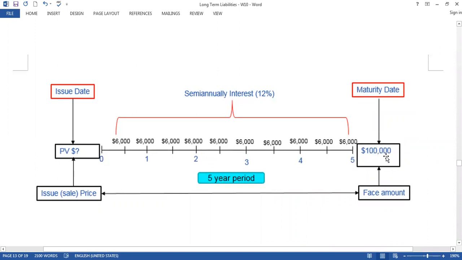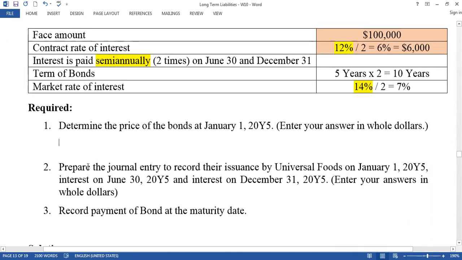You are liable to pay $100,000 5 years later. Every year you are going to pay $6,000 interest. Company interest rate is 12%, market interest rate is 14%. What is the present value?